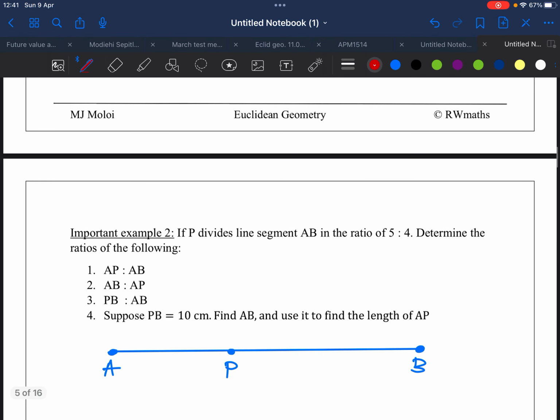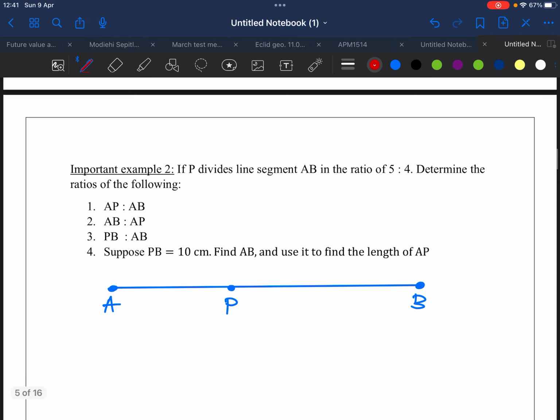Important example 2. They say if P divides line segment AB in the ratio of 5:4, determine the ratios of the following. AP is to AB, AB is to AP, and BP is to AB.